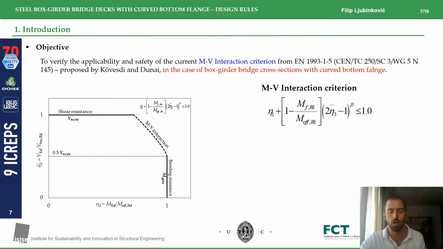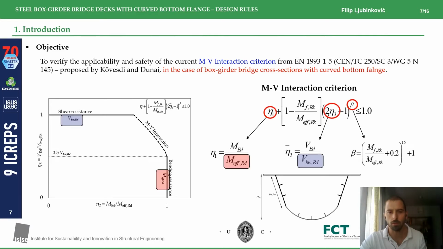We wanted to check if it's safe to use this criterion also in the case of box girders with curved flanges. The main challenge in order to apply this rule was to first define the bending resistance and the shear resistance of this kind of cross-section, because these two values were completely unknown at the beginning of this project.